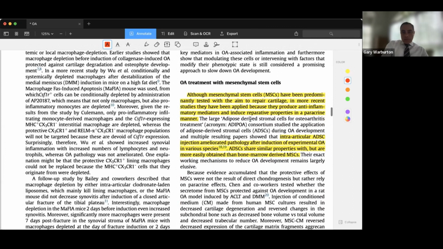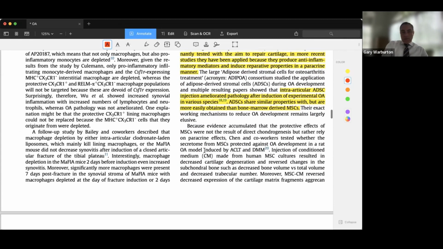Mesenchymal stem cells, as Lou mentioned, have had varying success published in the literature. There are different sources of stem cells. The adipose-derived stromal stem cells are easier to harvest than the bone marrow stem cells, the traditional MSCs, and they share similar properties to the MSCs.